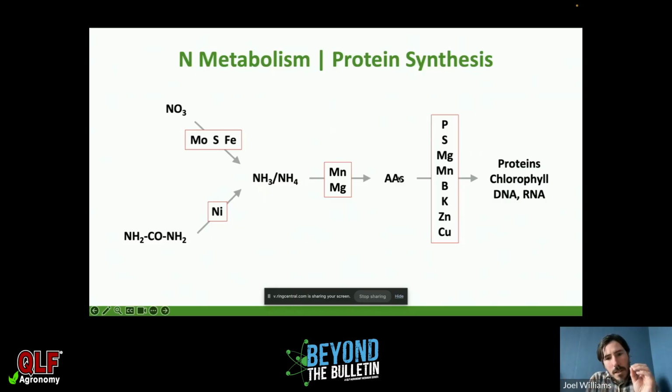So the stepping stone to finish the job is just very small. It's a small link in the chain to finish this, which means these are very efficient forms of nitrogen because they save the plant's energy.